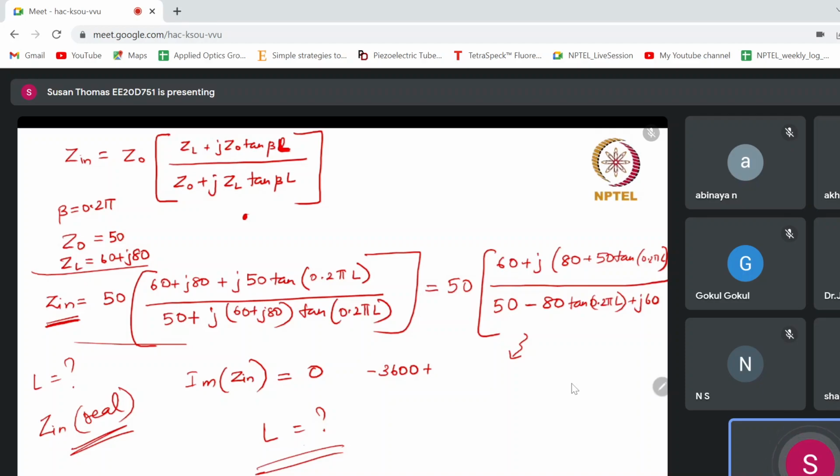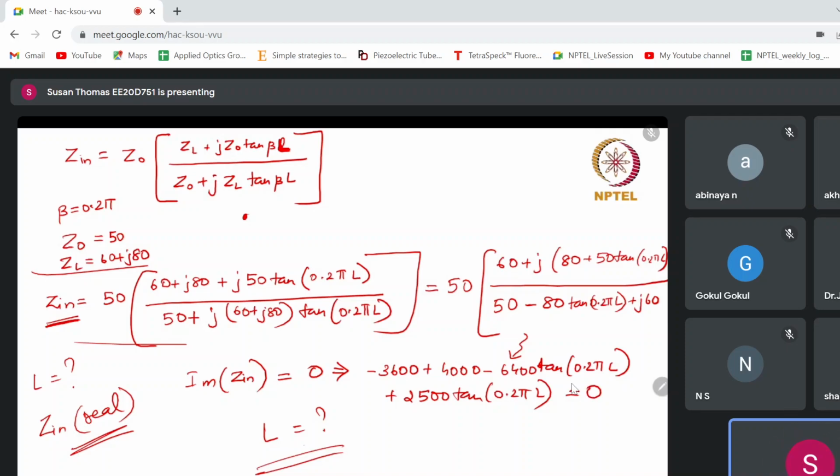Once you simplify this expression for Zin, basically what you need to do is take the imaginary part of Zin, equate it to 0. When you do that, it is minus 3600 plus 4000 minus 6400 tan of 0.2 pi L plus 2500 tan 0.2 pi L, which is equal to 0.